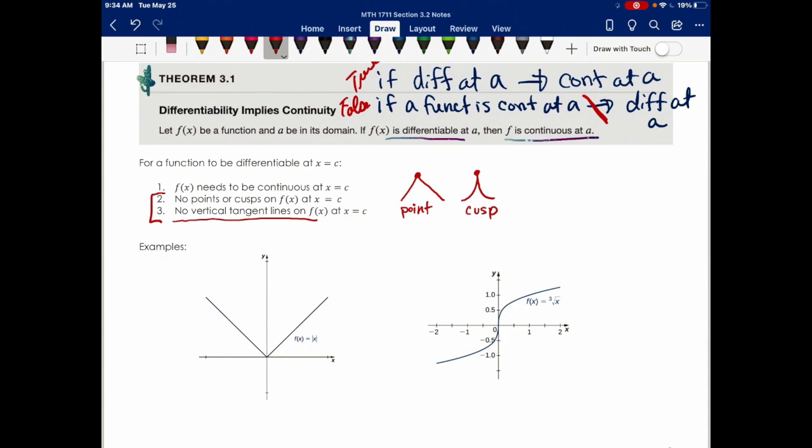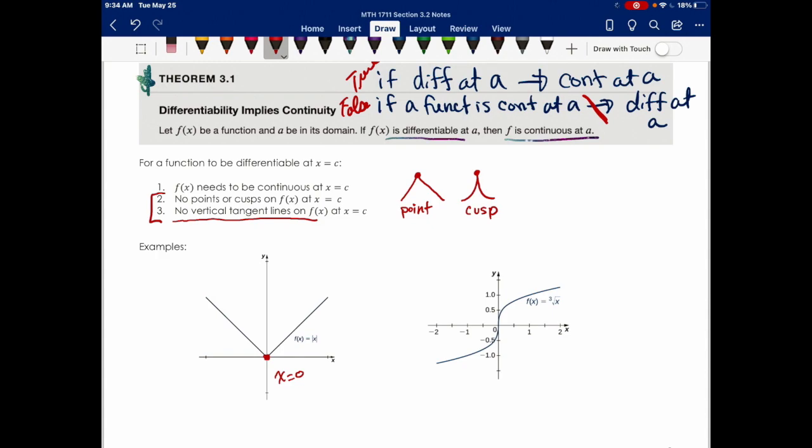So the first example of something that is not differentiable at a point c is this absolute value graph. At x equals 0, the graph is continuous at that point, but it is not differentiable.